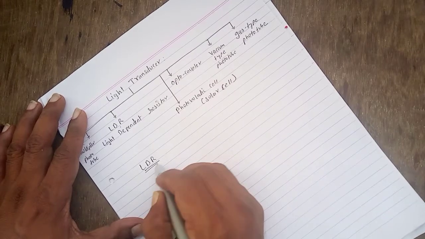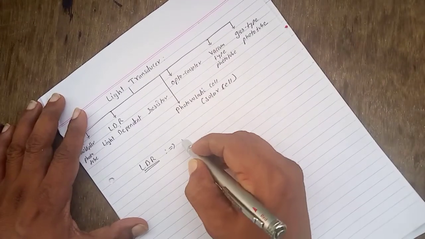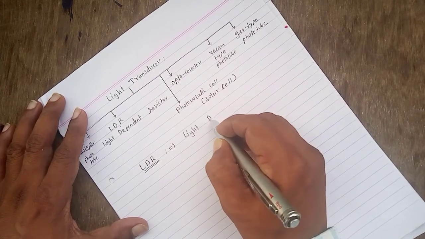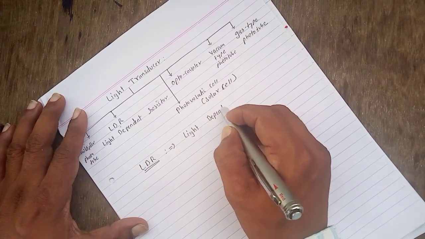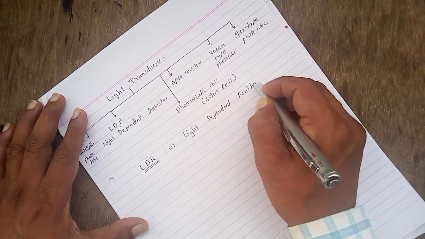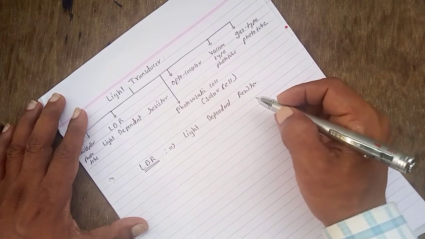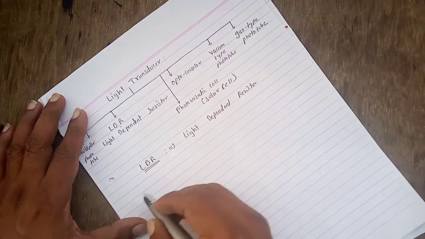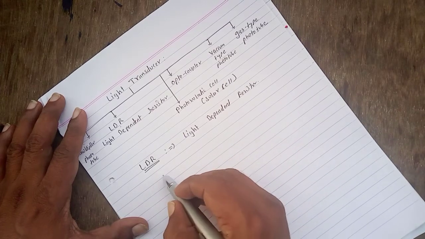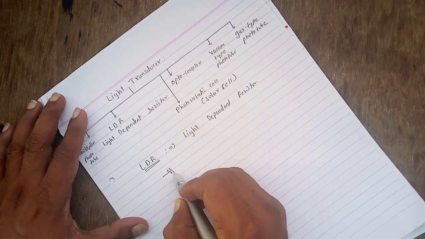LDR is the light dependent resistor. Here is the diagram, the symbolic representation.